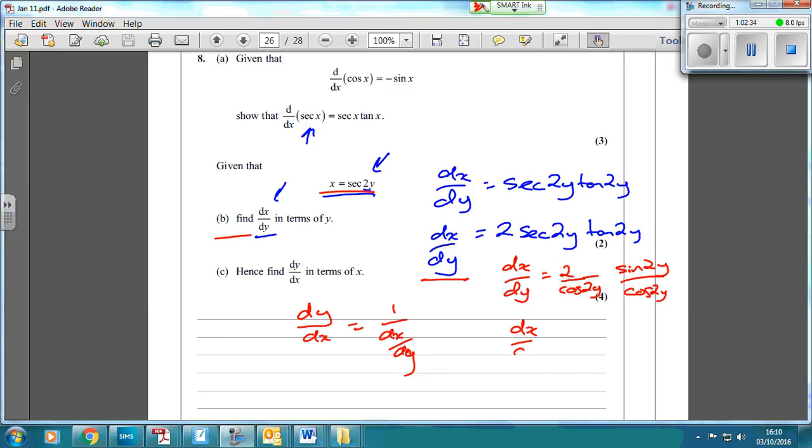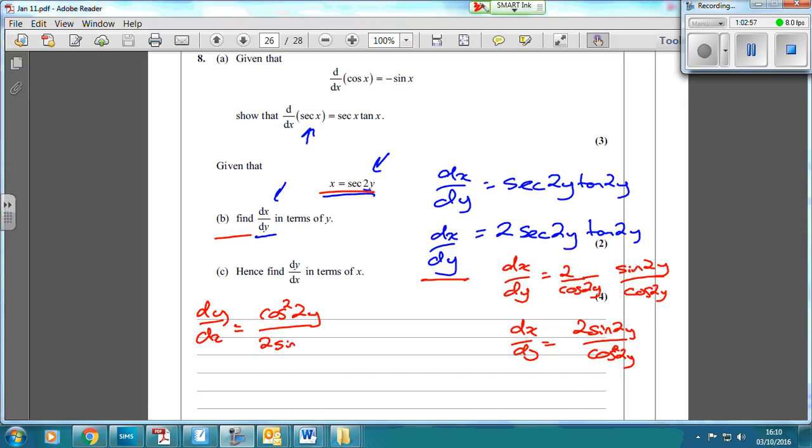So we've got dx by dy equals 2 sine 2y over cos squared 2y. So dy by dx, you just flip it upside down. So dy by dx equals cos squared 2y over 2 sine 2y.